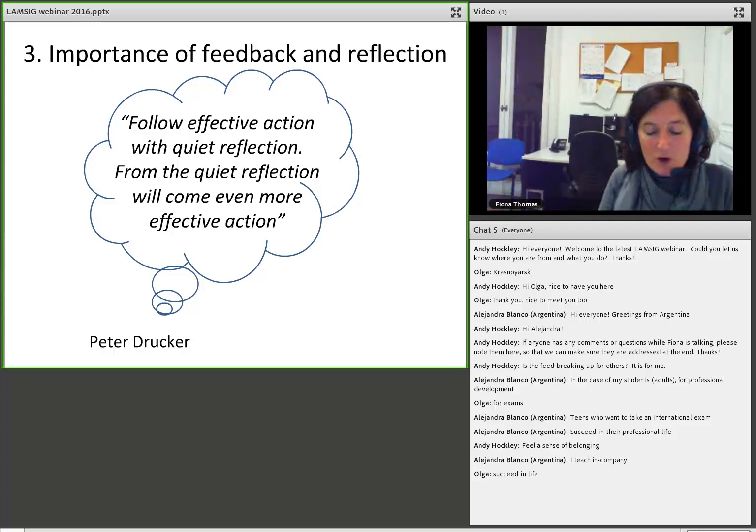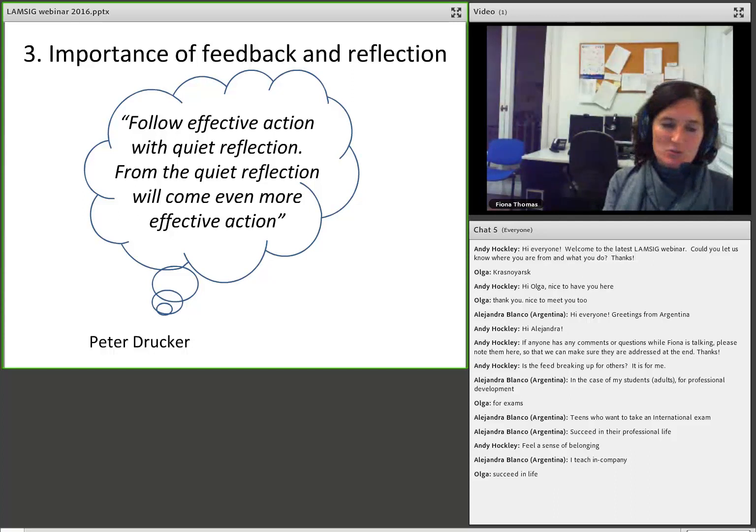We set a little roadmap. We do this, but then we have to come back and reflect all together about how effective what we have done has been. And that's the only way we can learn. And it also reminds people about the importance of doing this as well.